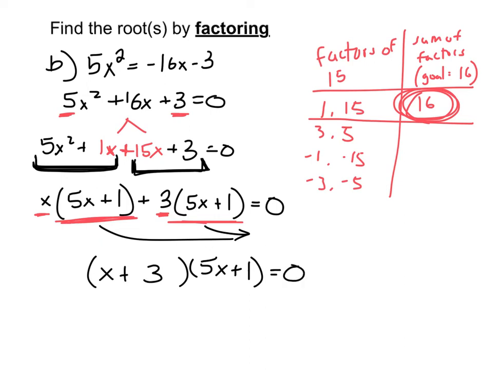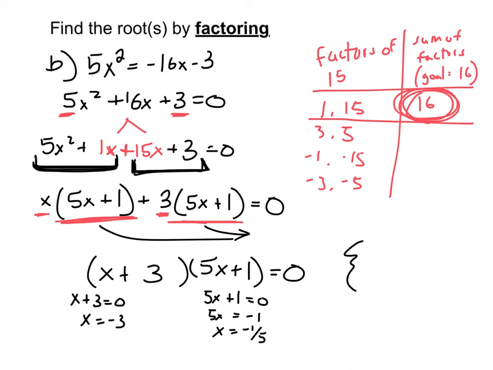Now if either one of those terms is 0, the whole thing is 0, so let's go ahead and do that. X plus 3 equals 0. Solve that, so subtract 3 from both sides. X equals negative 3. 5x plus 1, if this were to equal 0, subtract 1 from both sides. Divide both sides by 5, negative 1/5.